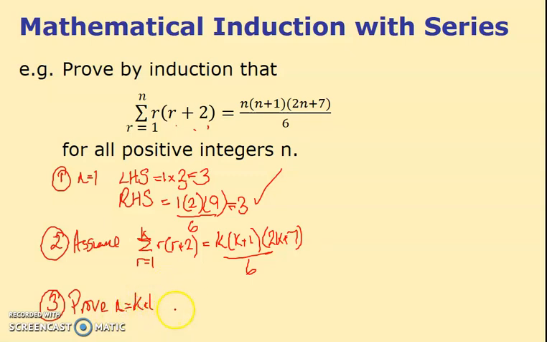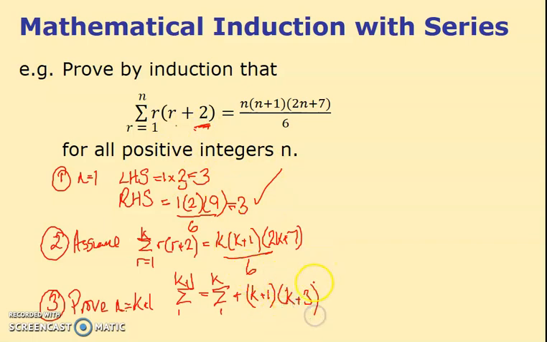So for n equals k plus 1, again we're using the idea that the sum from 1 to k plus 1 equals the sum from 1 to k plus the extra term, and the extra term comes from this bit. So the left hand side there gives me k plus 1, remember that is my r, and then I've got to add 2 to it, which will give me k plus 3.